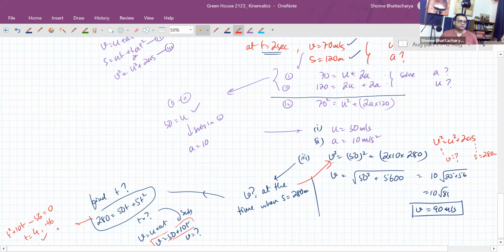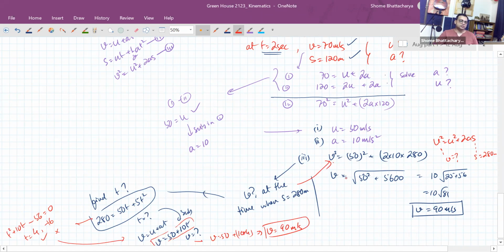So we'll take t equal to 4 and reject the other. We'll substitute this here, so we'll get the velocity as 50 plus 10 into 4. But it's more lengthy.